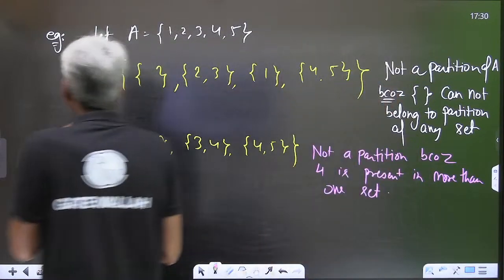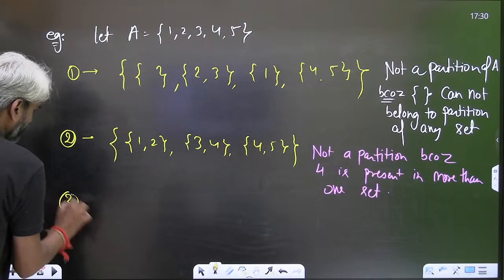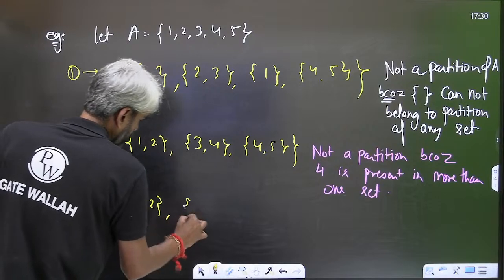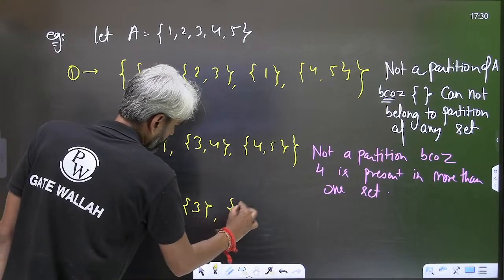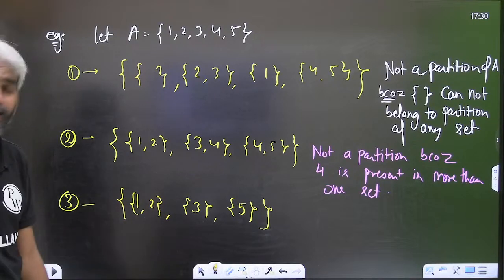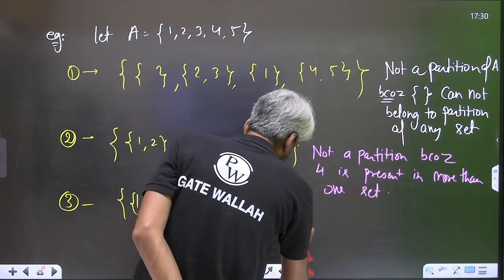Third, let's cross check. So 1, 2, 3, 5. Is it a partition, sir? Not a partition, because 4 is missing. Not a partition because 4 is not included in any subset.